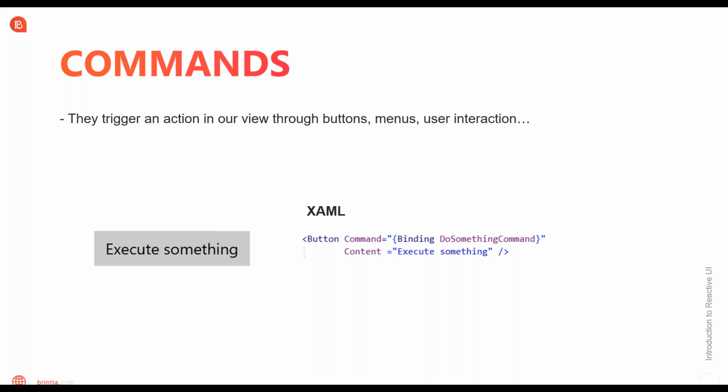And you may have seen commands in other frameworks like Xamarin Forms, the Universal Windows Platform, or WPF, for example. They are usually bound to buttons and menus. These UI components are usually using these commands.